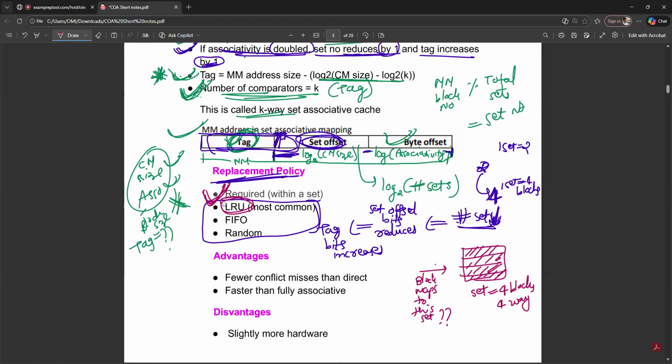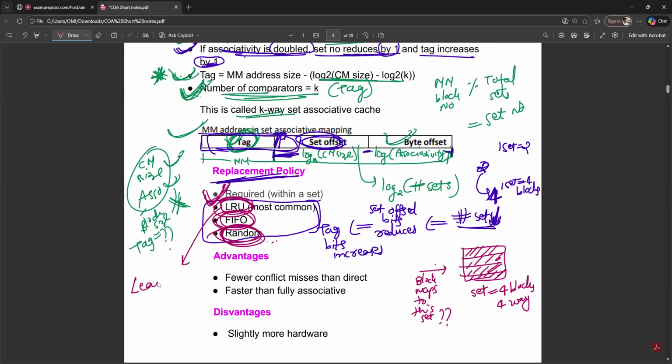So one is least recently used, I hope you know this, then first in, first out, then random. These different policies are used here. They are the most common, and there are too many questions related to this.